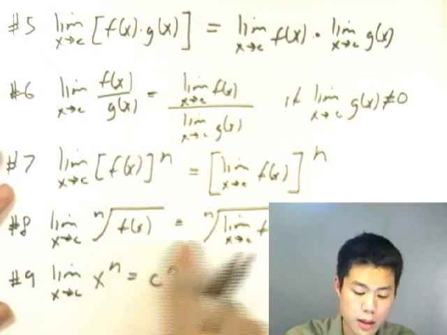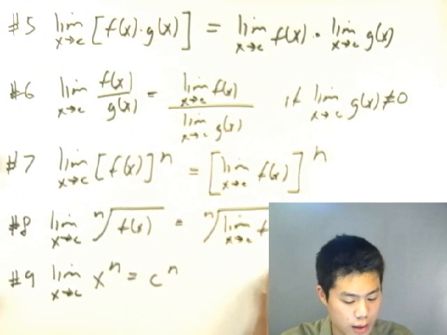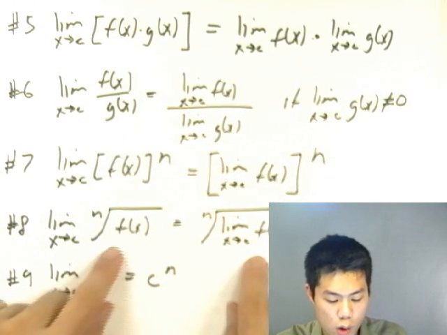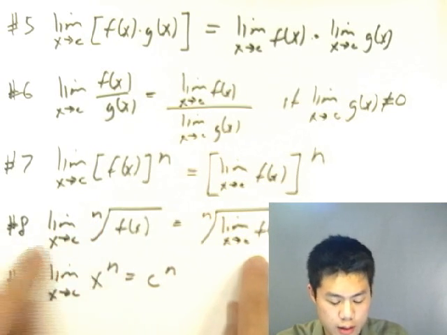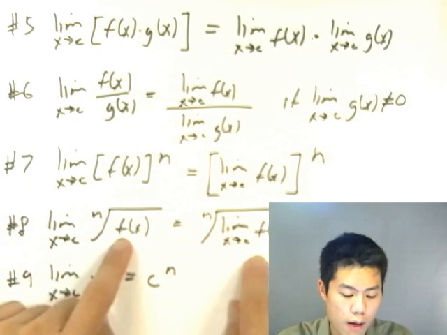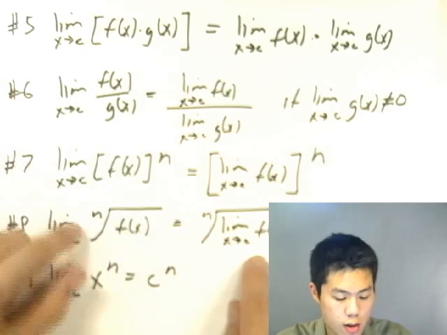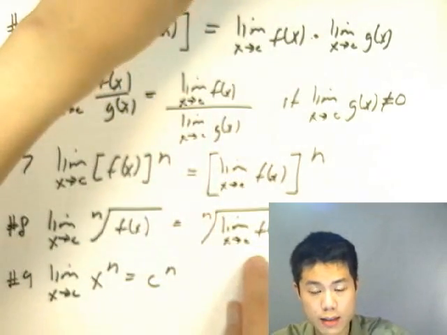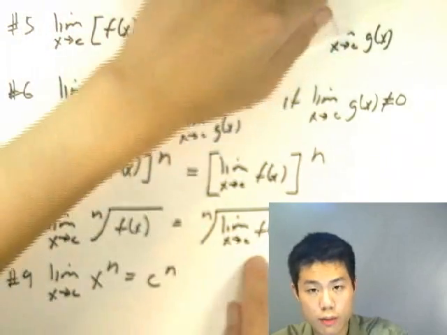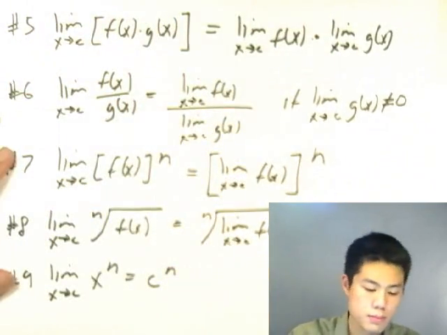For the root property, this is true for all f of x if n is odd, and only true for f of x greater than 0 if n is even, because you can't take an even root of a negative number.